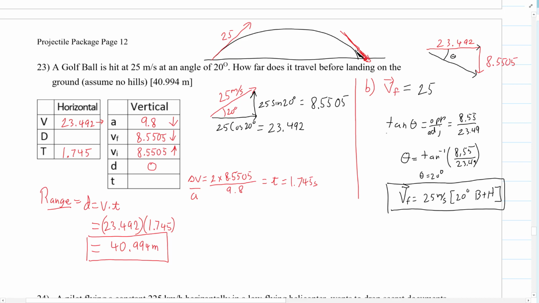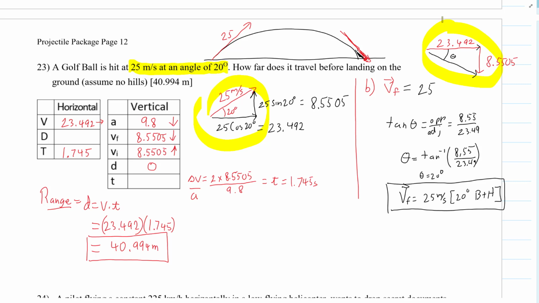Here's the aha moment. If you haven't been there yet, and I'm sure a lot of you are, it was launched at 25, at 20 above, and it comes back down exactly the same amount, but 20 below. Why? Well, the horizontal is the same, and the vertical is just swapped. So this triangle and this triangle that we started with are identical, except it's upside down. They're exact same triangles, not just similar, exact.